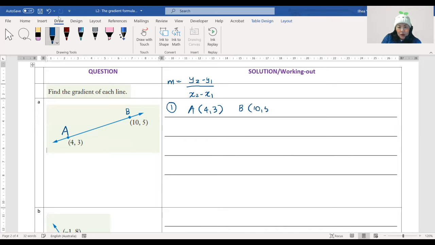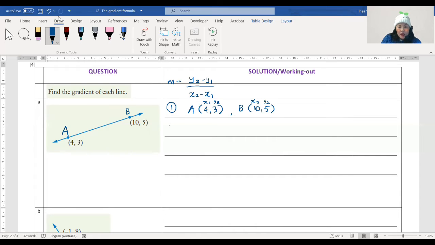Now, the good thing about that is I know which one is my x1, y1, and which one is my x2, y2. Put it in there until you get used to the idea.